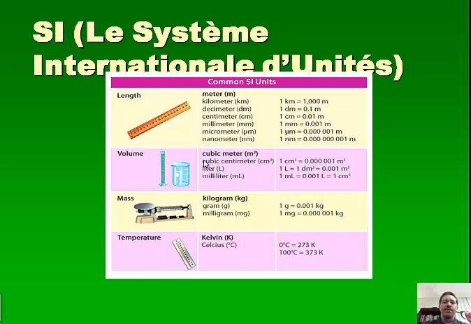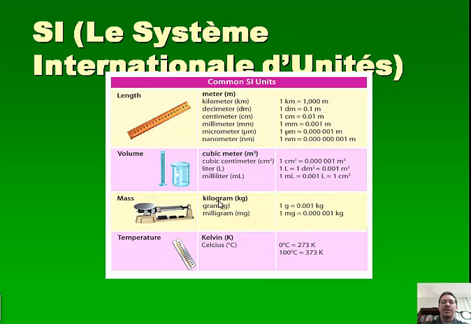Volume we can measure in cubic meters, so it's a 3-dimensional unit of length. So we use cubic meter, or we can say it's simply liters, or we can use cubic centimeter or milliliter, depending on how much volume we have.